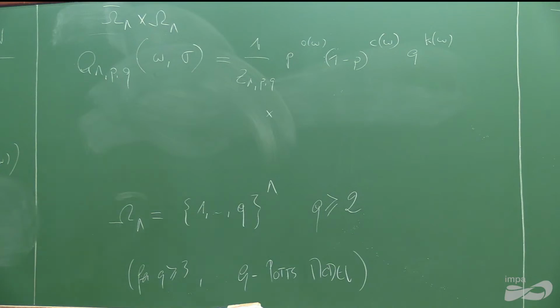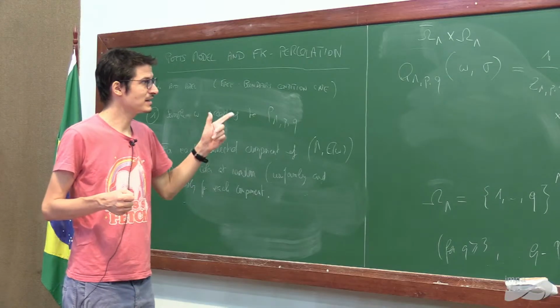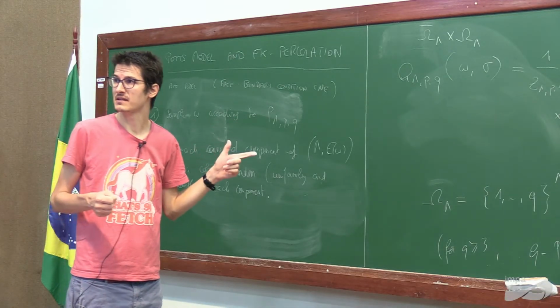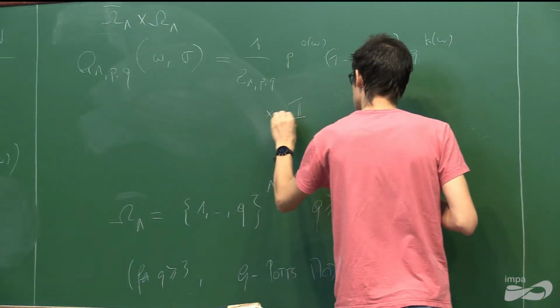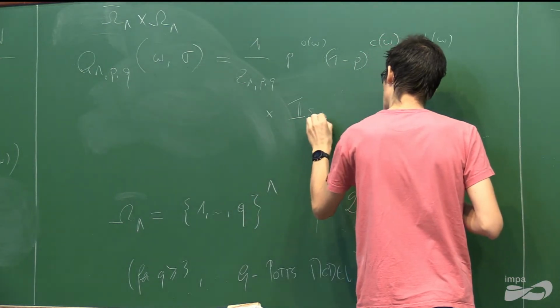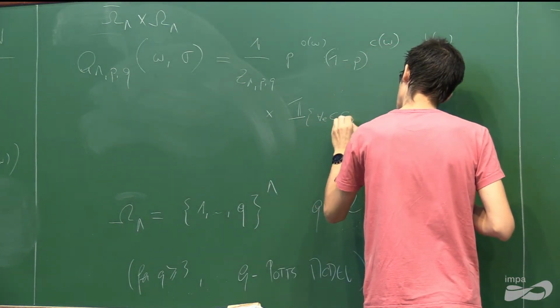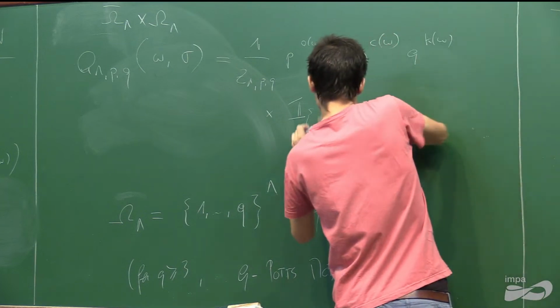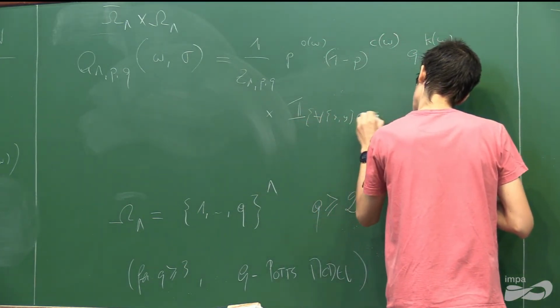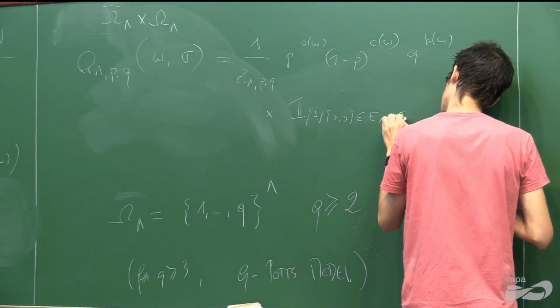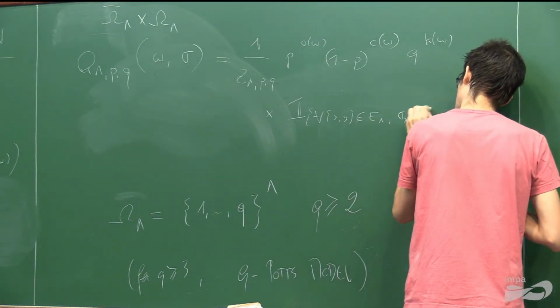This is the same thing as saying that all the edges of omega are monochromatic. So the first thing we have to put is the indicator that for all xy in E omega, sigma x is equal to sigma y.